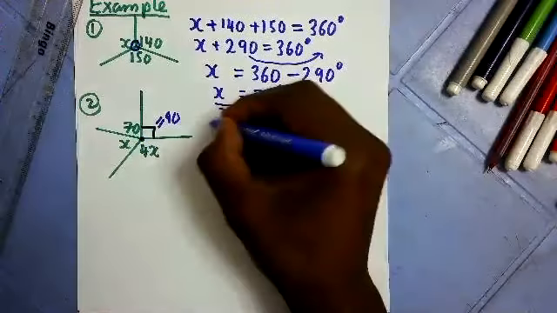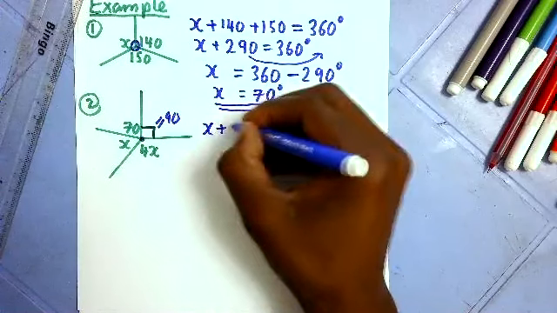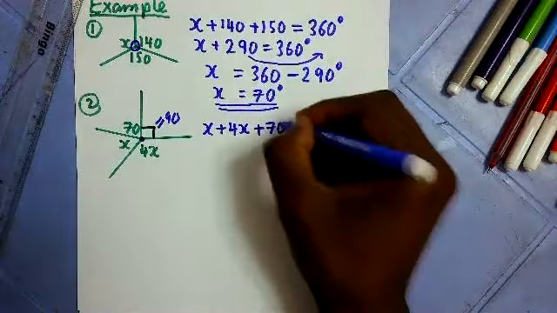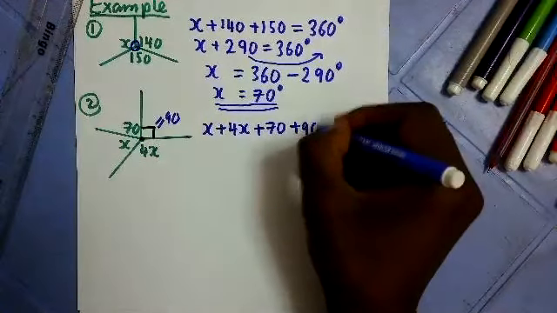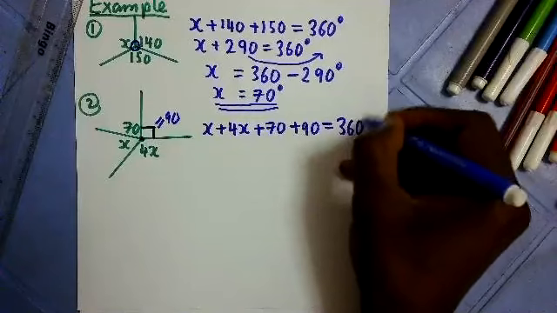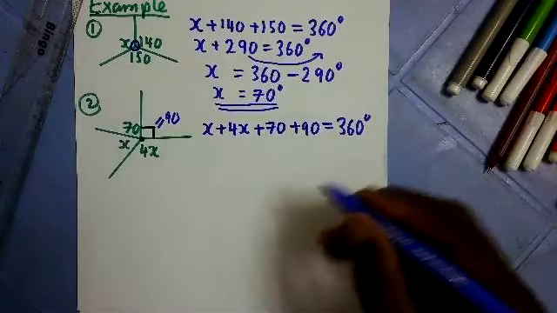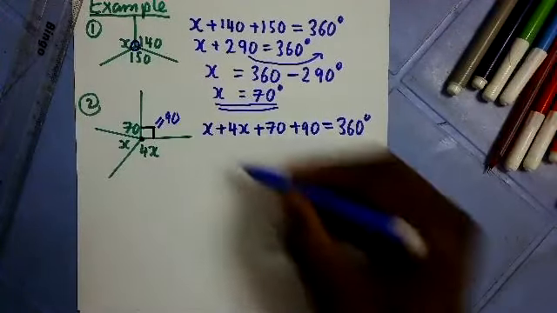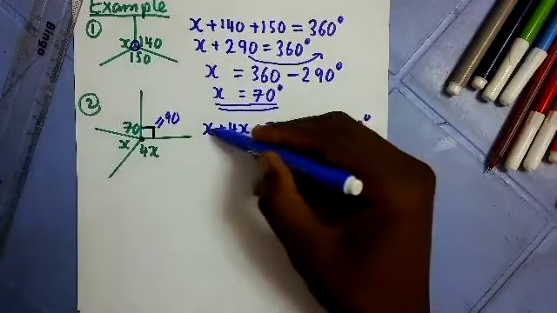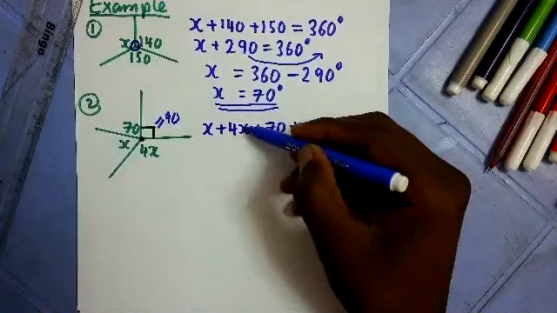So I will say X plus 4X plus 70 plus 90 will always be equal to 360 degrees. Then I will collect like terms. I add this to 5x, because this is x power 1 and this is x power 1.